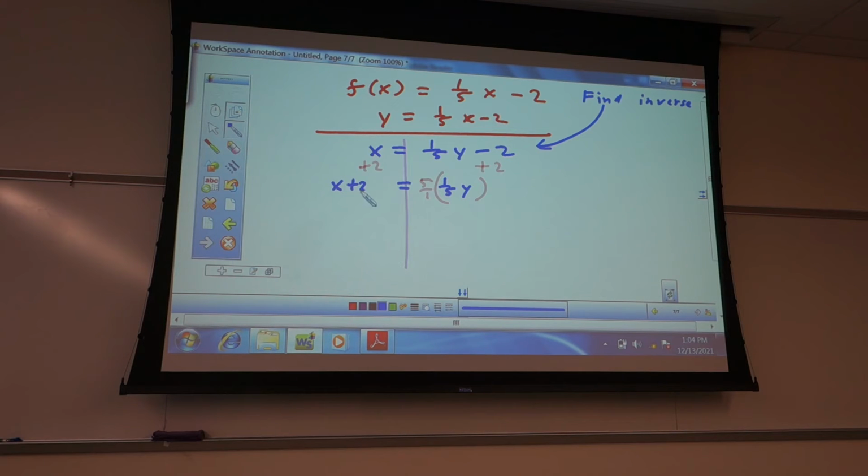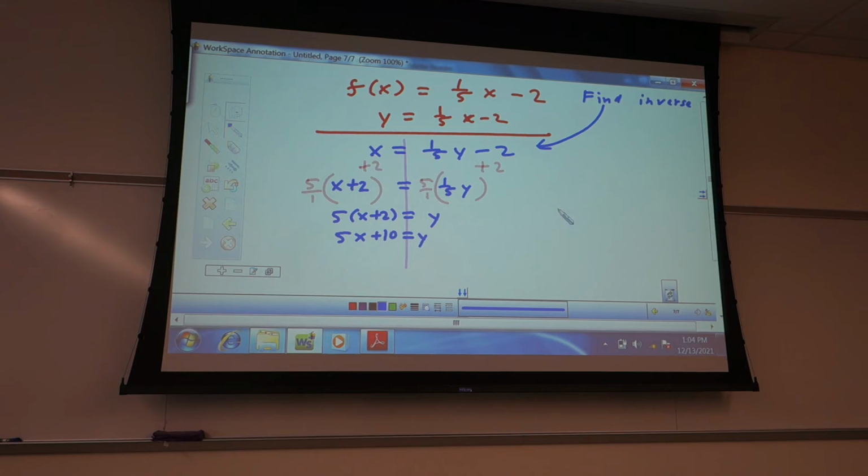I think I just forgot the x. I just put 2. Yeah, add 2. And then I'm going to multiply by 5/1 over here, which is really just 5. So here I'm going to have 5 times x plus 2 equals y. You can leave it like that, or if you want, you can distribute that in. Either one's okay. 5x, 5 times 2 is 10.